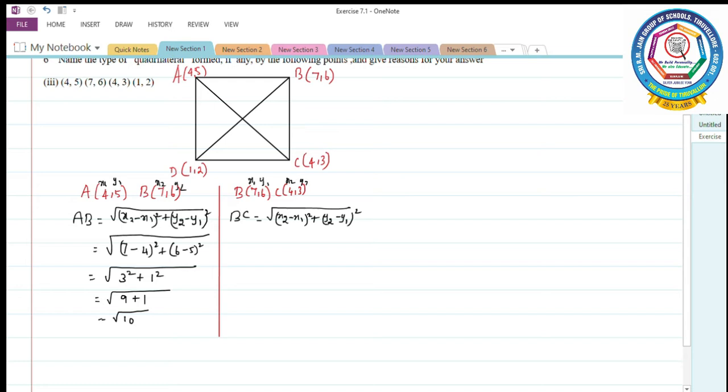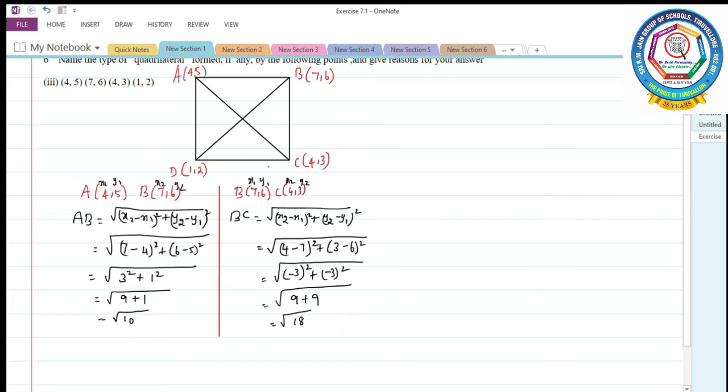This is x2, y2. This is equal to square root of (4 minus 7) the whole square plus (3 minus 6) the whole square, then square root of (minus 3) square plus (minus 3) the whole square. This is equal to 9, here also 9. 9 plus 9, square root of 18.